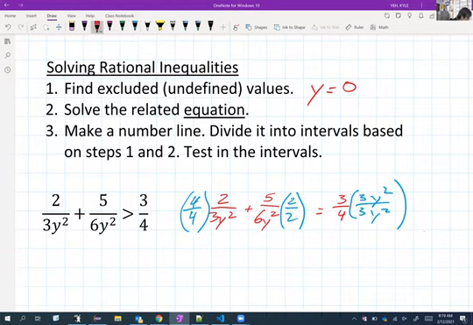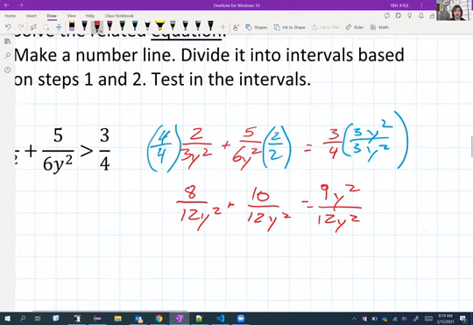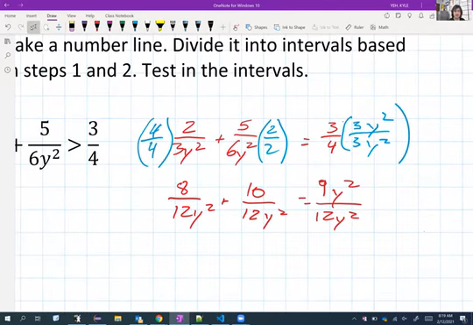And now if we look, 8 over 12y squared plus 10 over 12y squared equals 9y squared over 12y squared, common denominators. So getting used to manipulating this equation, multiplying by what we need to get those common denominators.